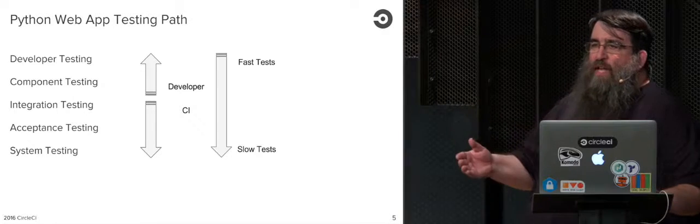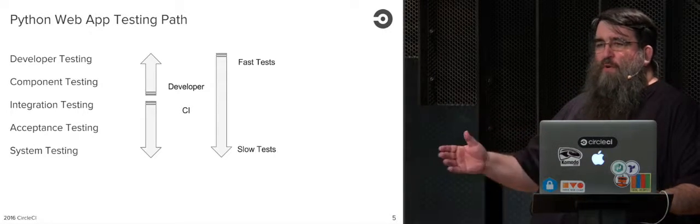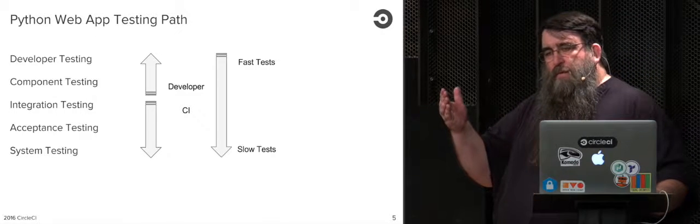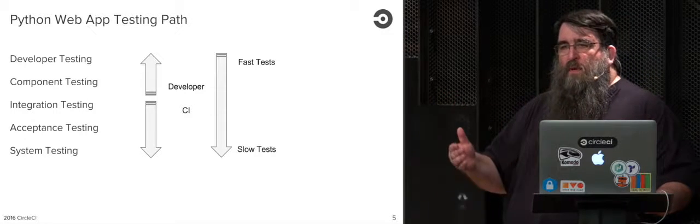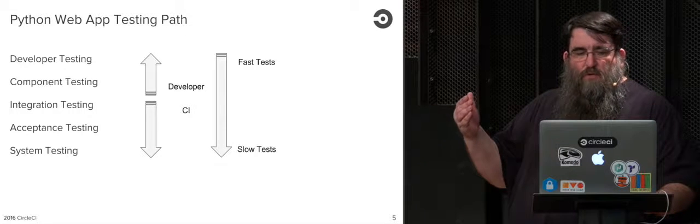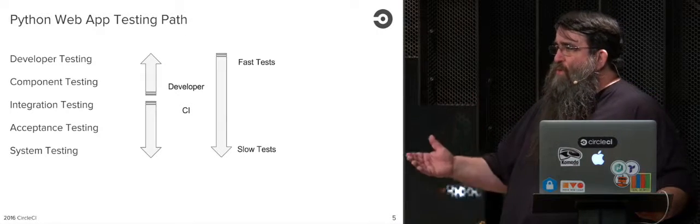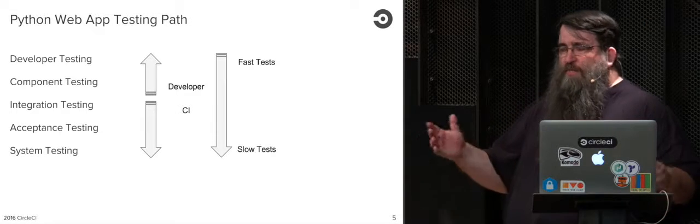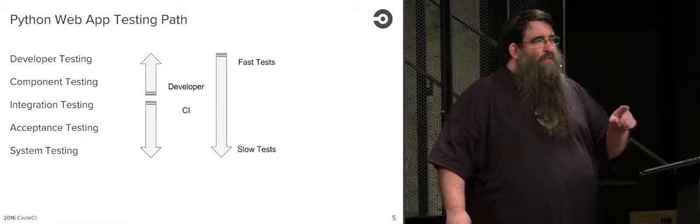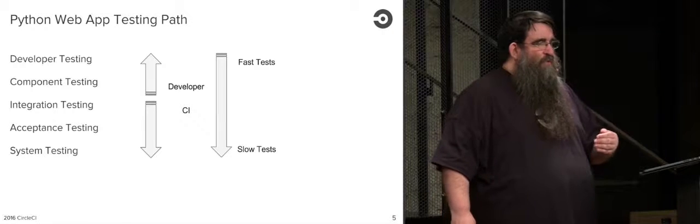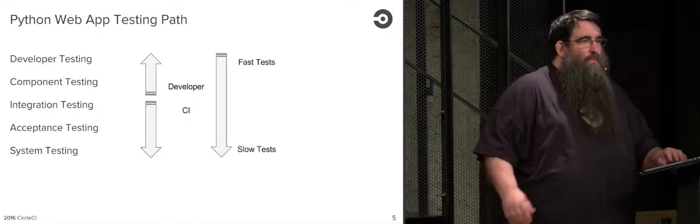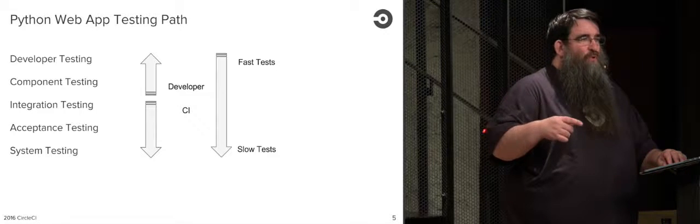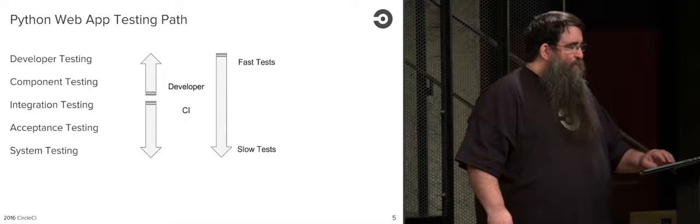So anytime you're testing an application, whether it's Python or a GUI or whatever, this is the path you have to take during the testing journey. You start with developer testing, you travel and do component testing, which is web and UI testing. Then you go to integration testing, acceptance, and system testing. The line you see there between the developer and the continuous integration division is that the developer needs to have fast tests in order to do unit testing and component testing.